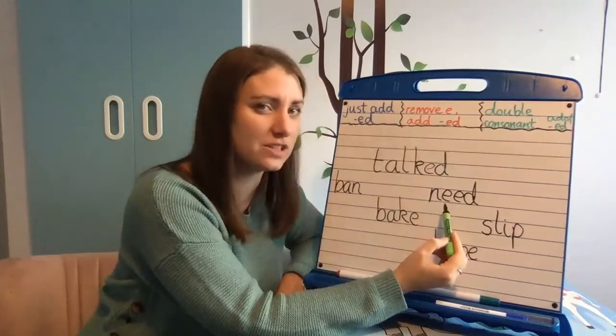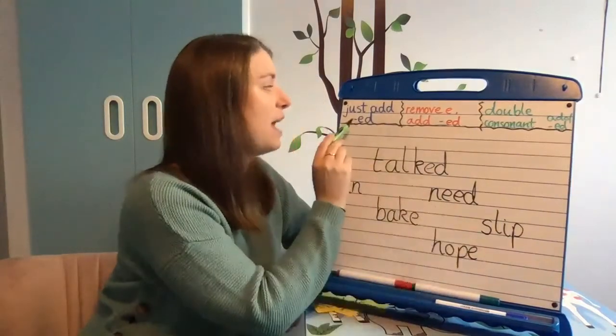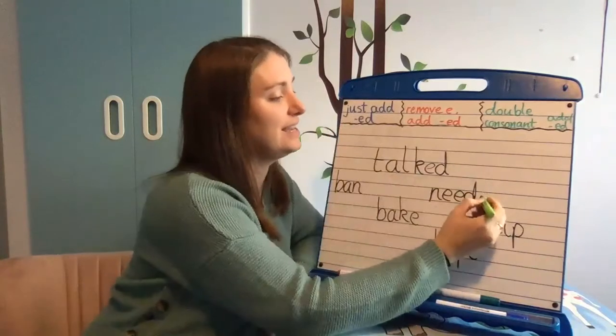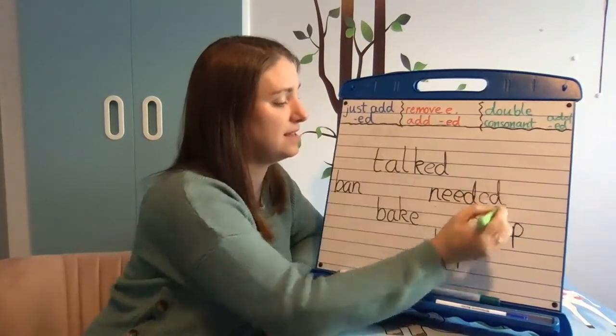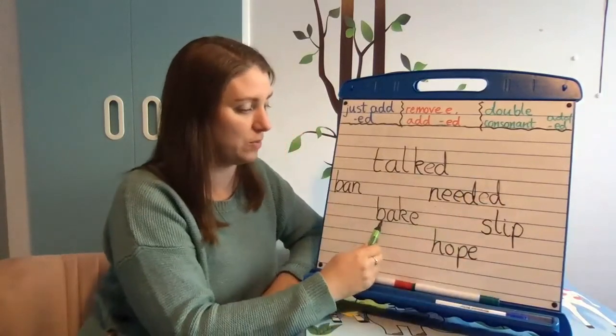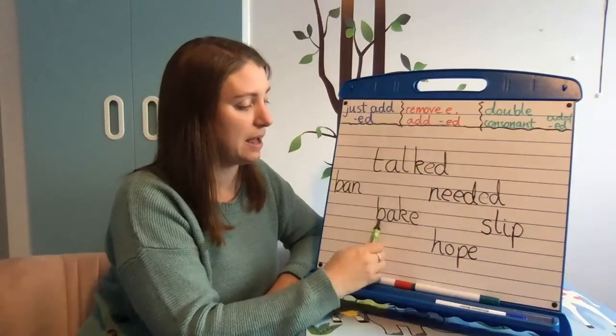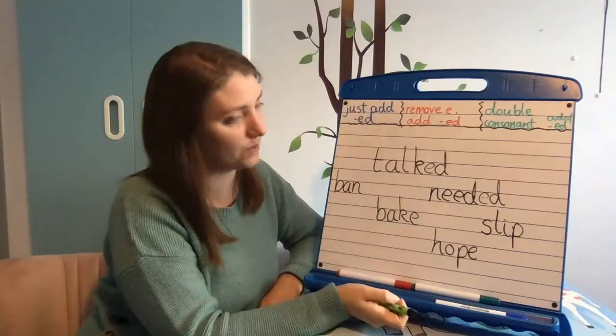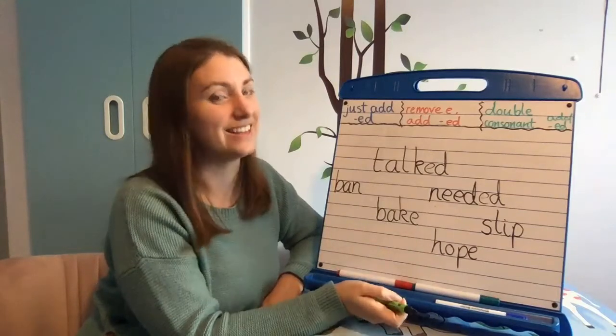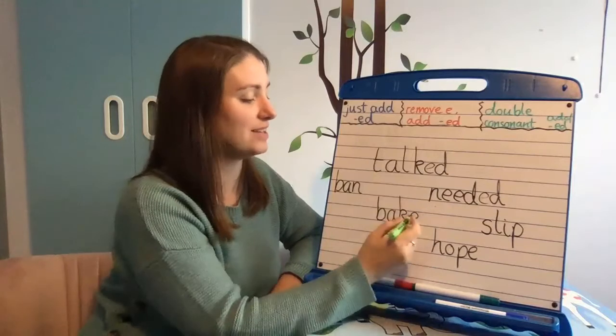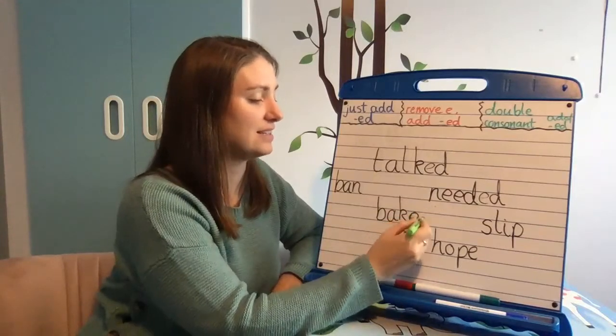So we're not going to be doubling the consonant. So that means I'm just adding ED again. That's handy. Let's try this one, shall we? What does it say? Bake. What do you notice? There's an E on the end, so I take off the E and add ED.